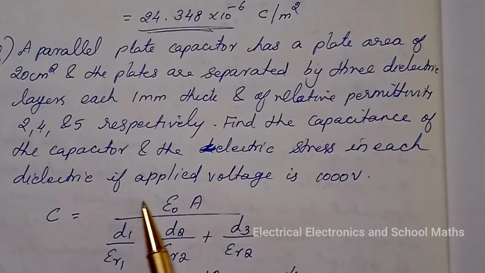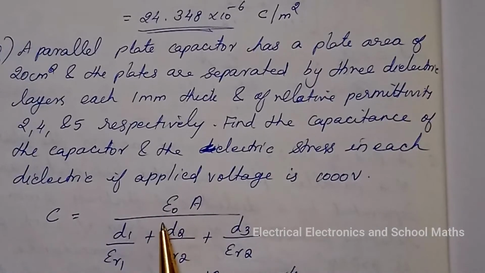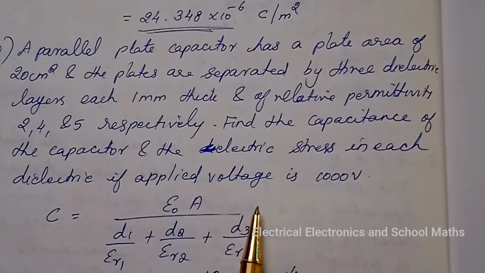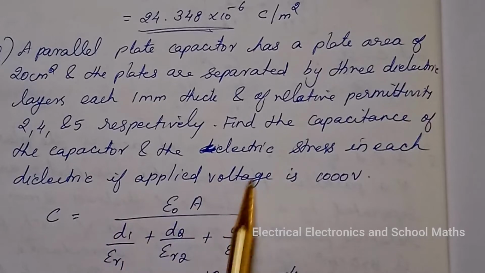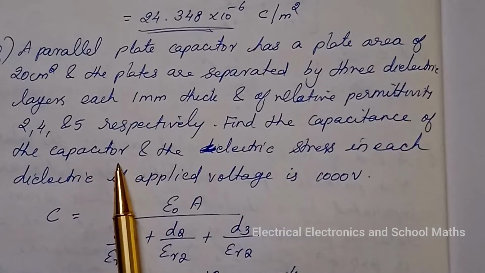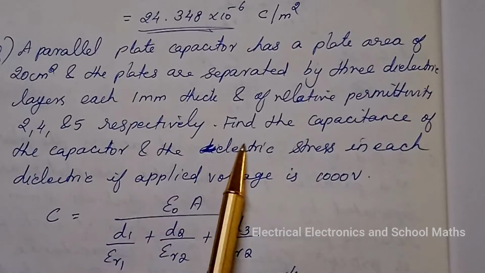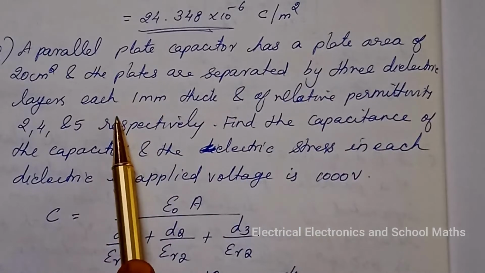So this is the case of a parallel plate capacitor with composite medium. And we have to find the capacitance of the capacitor. And here there are 3 dielectric layers.